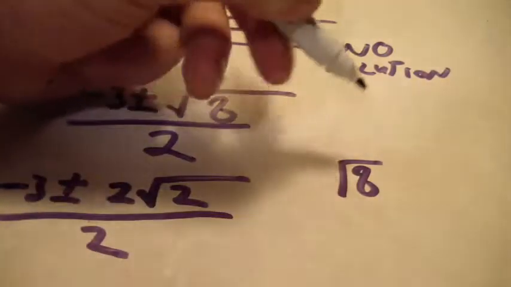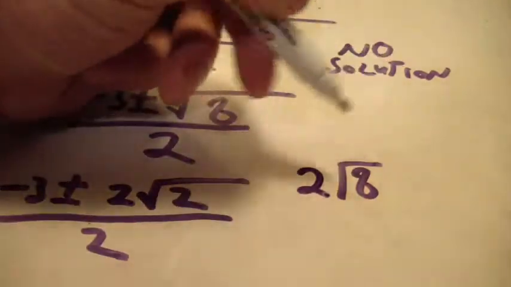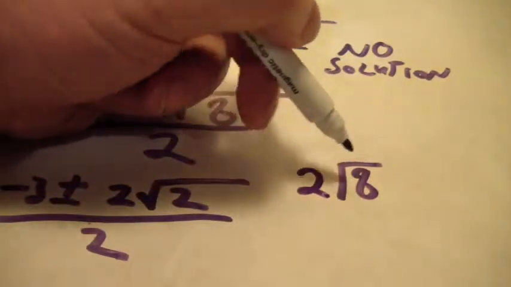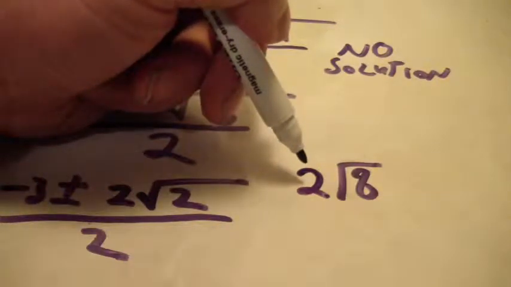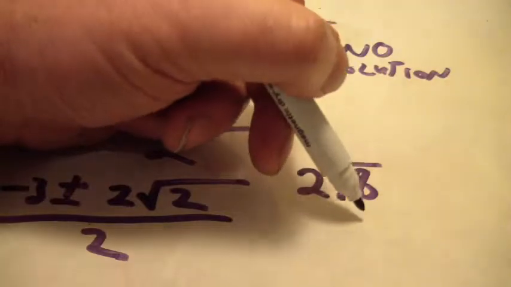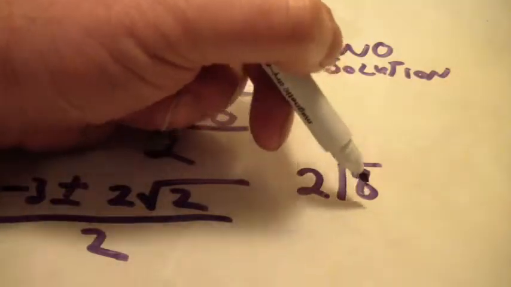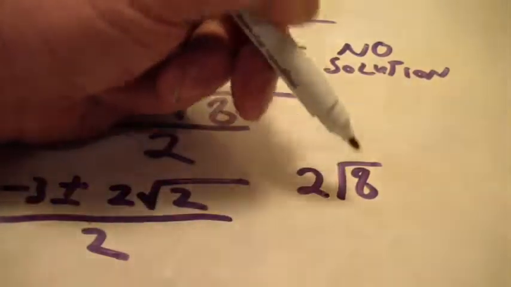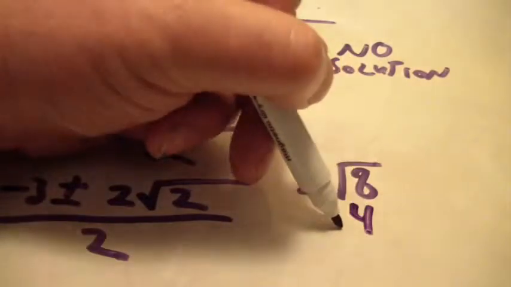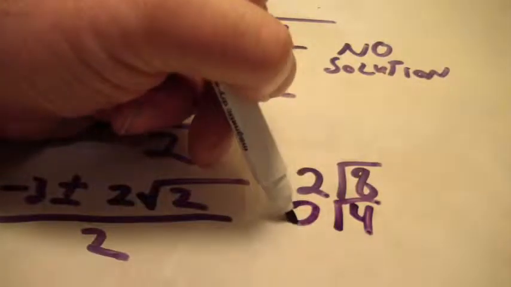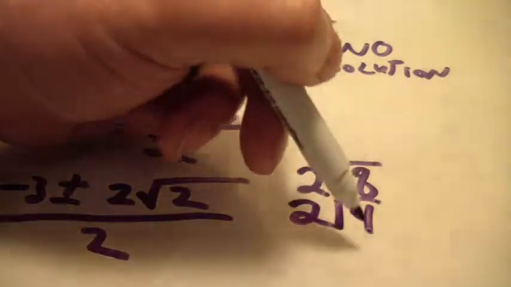So you go 2 into 8 is 4. Then you take another 2. Hey, 2, that's divisible.